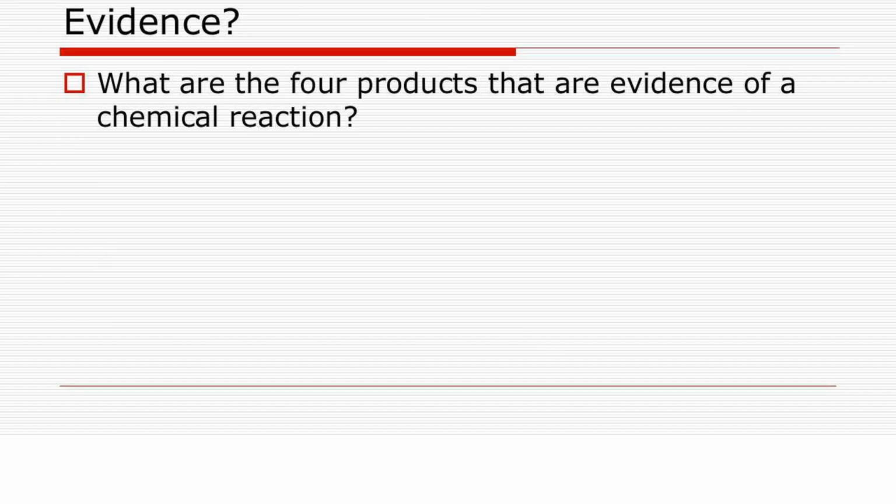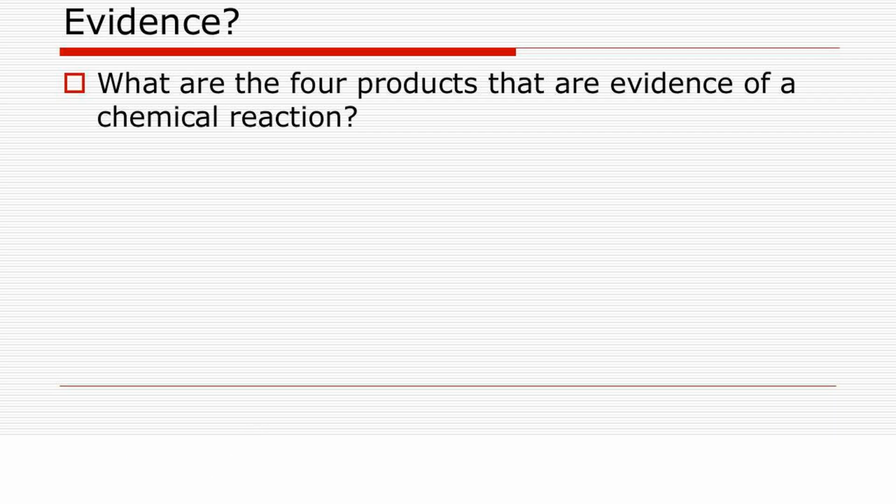So, if we have a chemical reaction, what are some evidences that a chemical reaction has occurred? I want you to take a minute and think about chemical reactions that maybe I've shown you in this class, that you can use to determine what the evidences are that a chemical reaction has occurred.